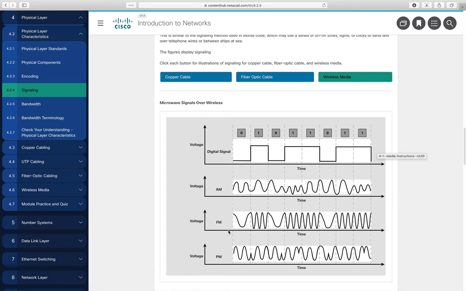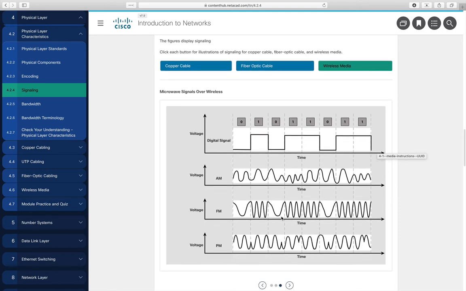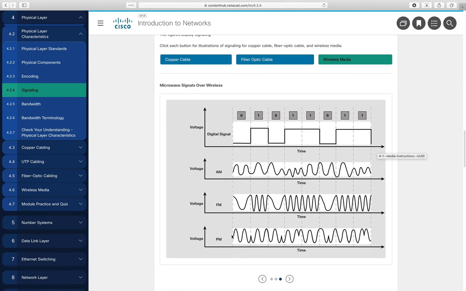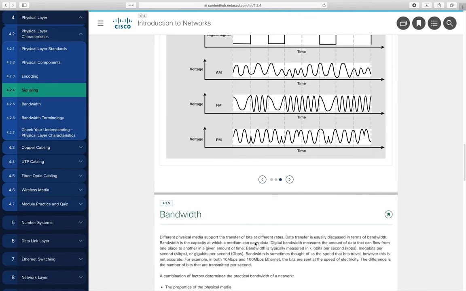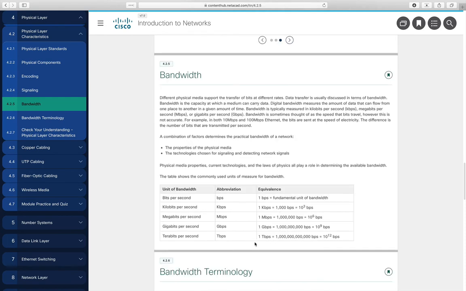We also might have frequency modulation, where zeros are a lower frequency and the ones are higher frequencies. And then we may have phase modulation. Here you see a sine wave that starts out at 0, goes to a max, to a min. But here all of a sudden, instead of continuing up, it goes down. So it's basically phase shifting by 180 degrees. So we may use amplitude modulation, frequency modulation, or phase modulation to represent the data in the case of a wireless network.